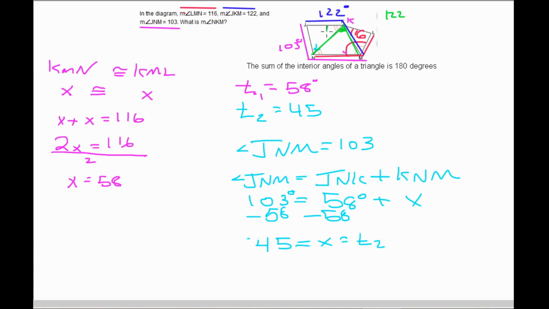And from my two tick marks here, I know that I've already pulled out 45 degrees, so I can do minus 45. What does that leave me with? NKM, which is exactly what we're looking for. So back to my calculator, 122 minus 45 is 77, and that is the measure of angle NKM.